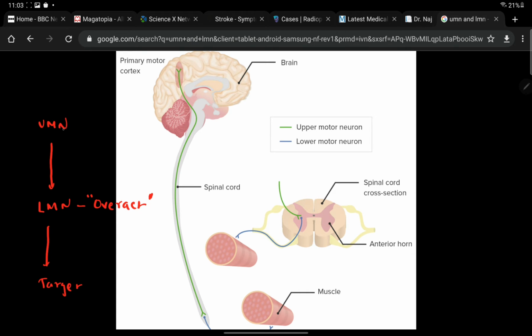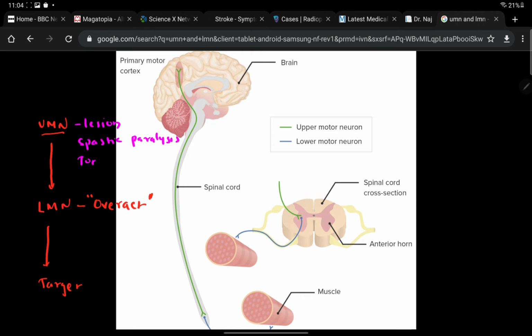So the upper motor neuron is actually controlling the lower motor neuron so it does not overact. So if there is a UMN type of lesion, the lower motor neuron is not controlled. That means it will overact. So there will be spastic type of paralysis.